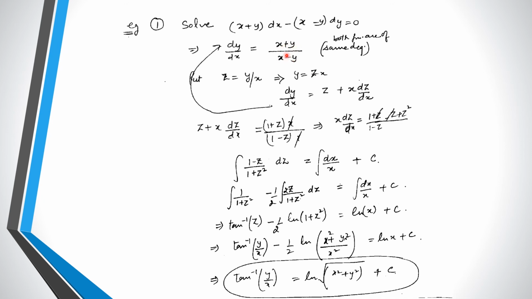You can take x common, this x will cancel out, and you are left with a function of z. Now you can separate the variables. You can take the z terms to this side combined with dz and x terms to this side combined with dx, integrating both sides. After the integration, you will have a solution in terms of z. Now put the value of z in terms of y and x, and this is the general solution of this differential equation.